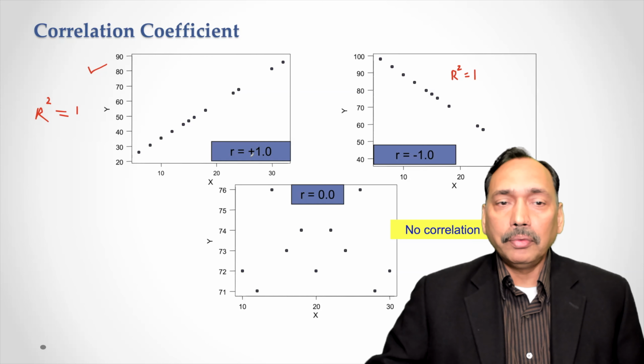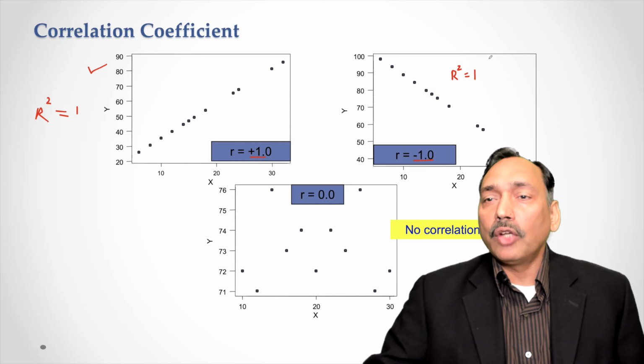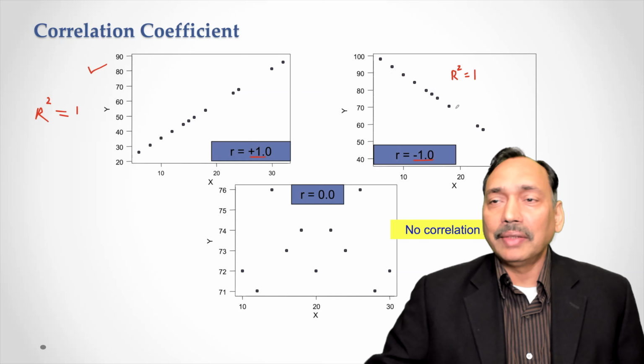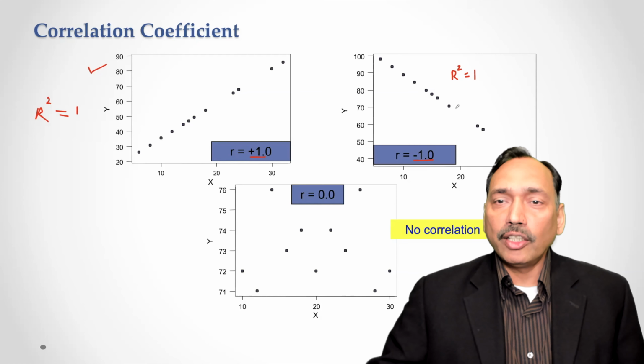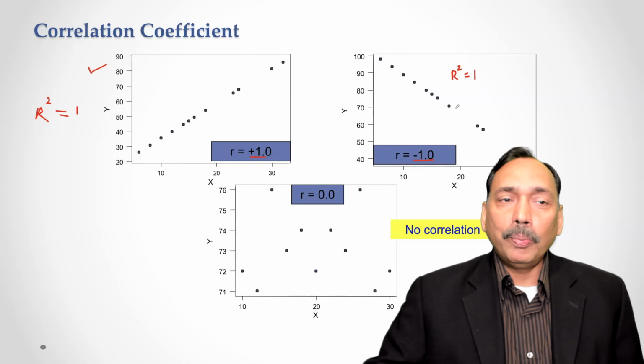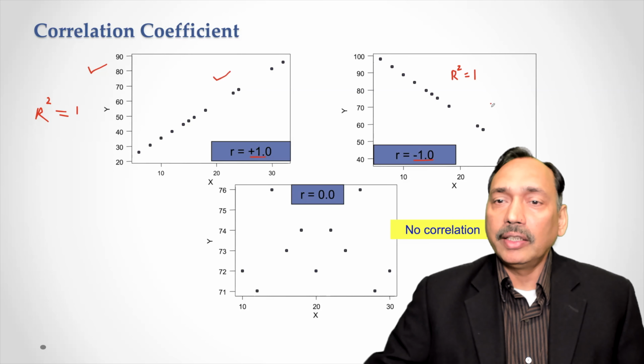Is it positive or is it negative? R square can be obtained simply by squaring R, and R by taking the square root of R square. But then for direction, you will have to look at either the regression equation or sign of the slope. So if slope is positive, then you have this situation. If slope is negative, then you have this situation.